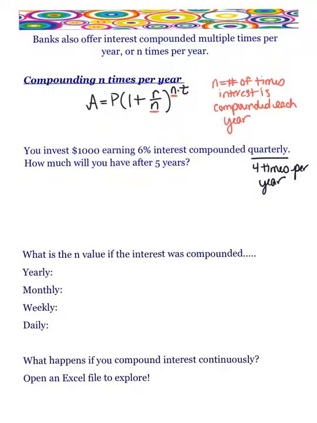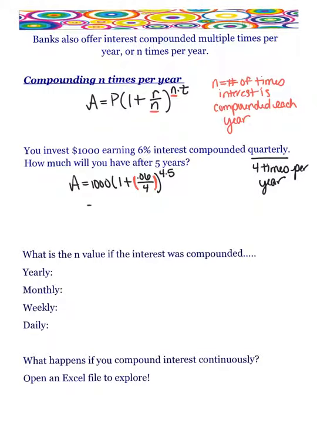So let's see if this makes a difference in how much money you have. So I'll have A equals 1,000 times 1 plus my interest rate, 0.06, divided by 4, raised to the 4 times 5. Be careful if you're going to plug this into your calculator all in one step. Make sure you add parentheses around this fraction right here.